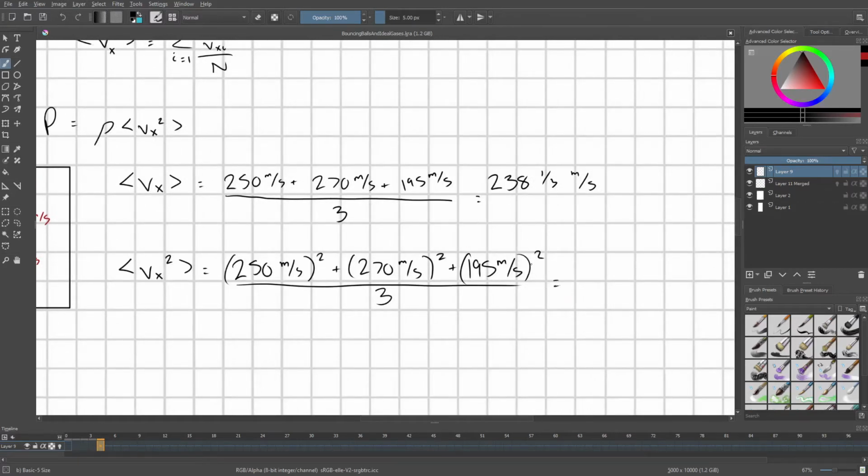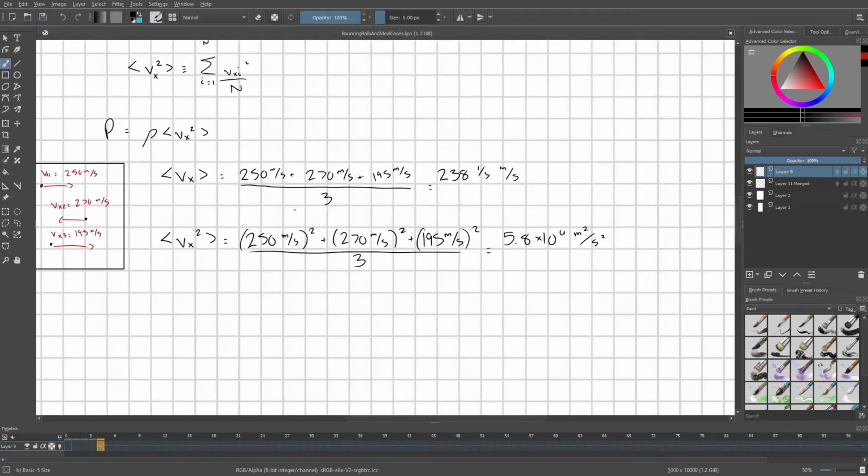And so this happens to give me about 5.8 times 10 to the fourth meters squared per second squared, because the squares also distribute into our units.